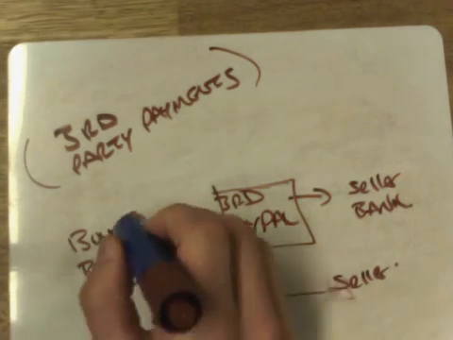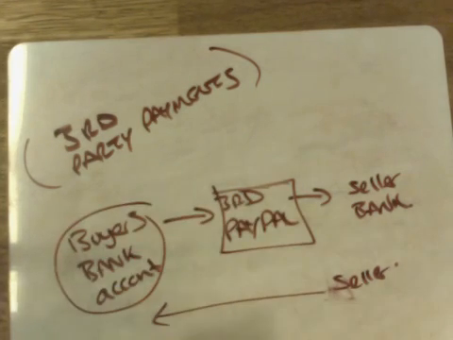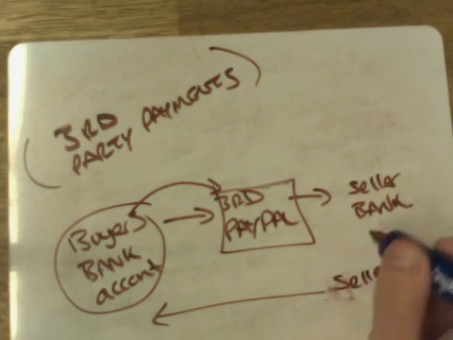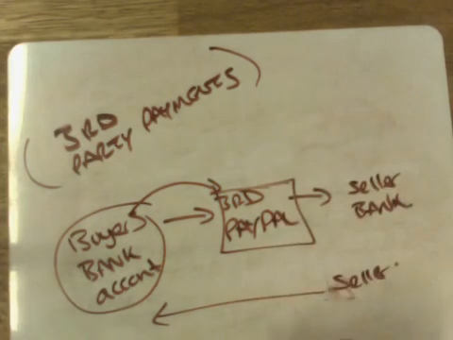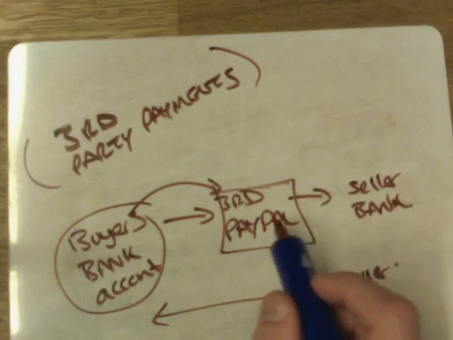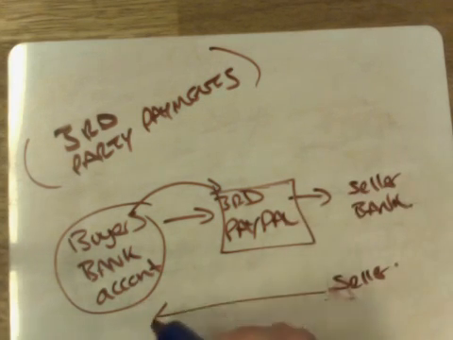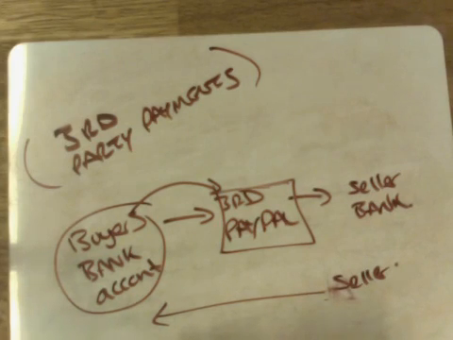So the buyer's bank account details, their sort code and their long digit number and their account number, aren't shared with the seller. It goes to this third party who keeps them secure, and then the seller gets information from the third party, or the third party does the purchase on their behalf, then sends money to the seller, and the seller then sends the goods. Okay.